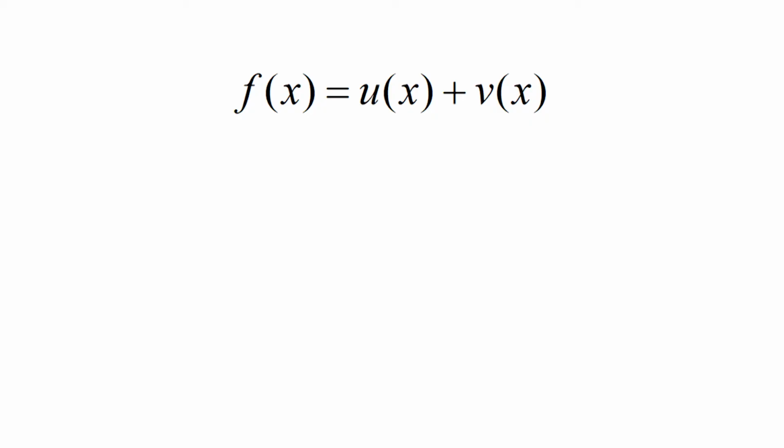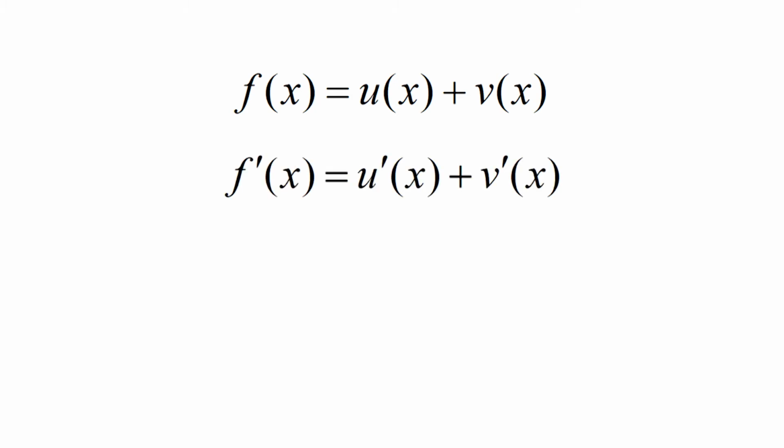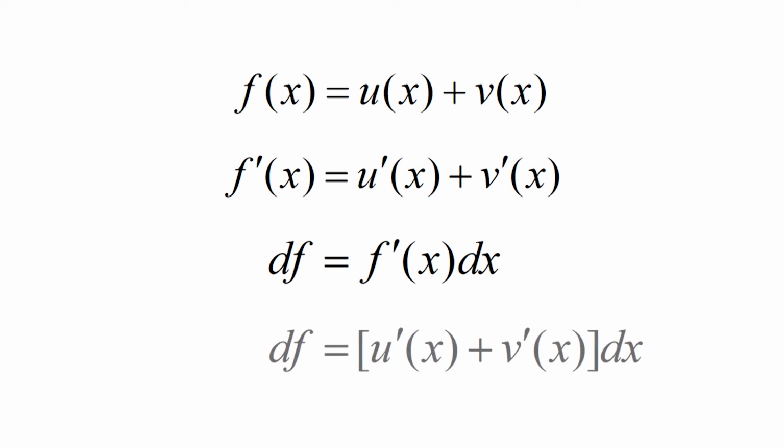Now, taking f(x) is equal to u(x) plus v(x), where u(x) and v(x) are two functions of x, we have by the sum rule of differentiation f'(x) is equal to u'(x) plus v'(x), and hence df is equal to f'(x) dx becomes df is equal to (u'(x) plus v'(x)) times dx.